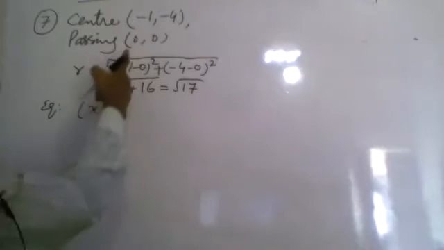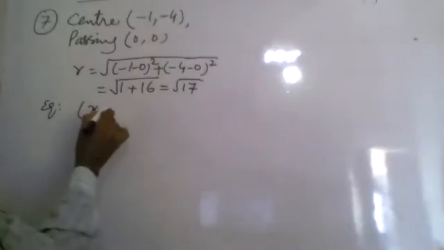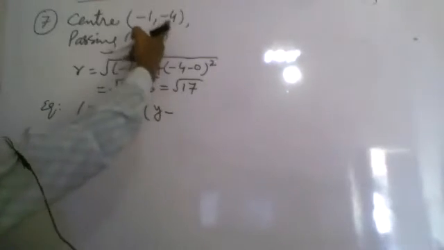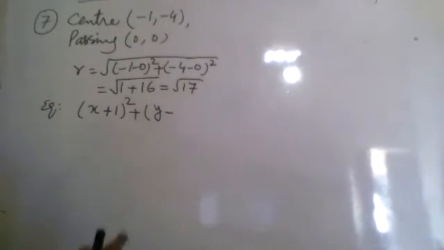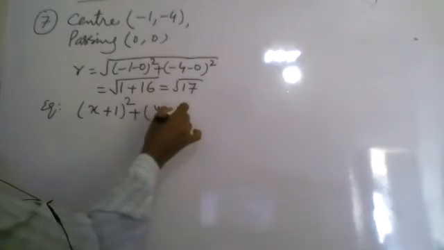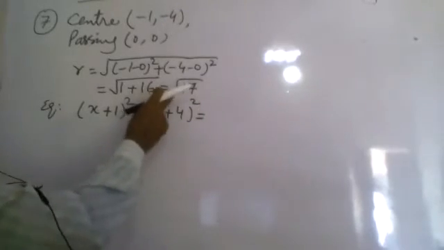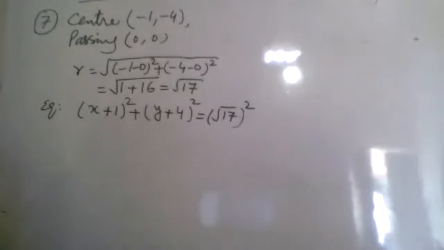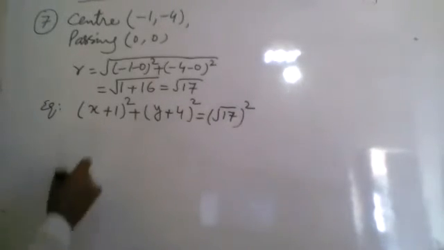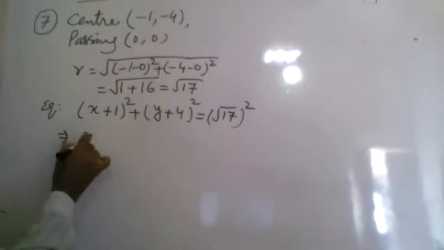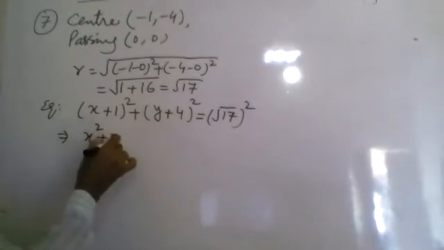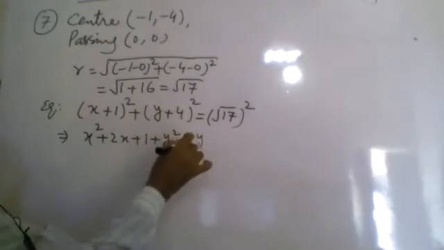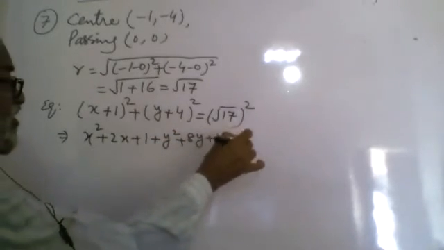Now we'll find the equation. (x minus the x coordinate of the center, -1, which will be +1) whole square, plus (y minus the y coordinate of the center, -4, which is +4) whole square is equal to the radius whole square, under root 17 whole square. Opening it: x square plus 2x plus 1 plus y square plus 8y plus 16 is equal to 17.